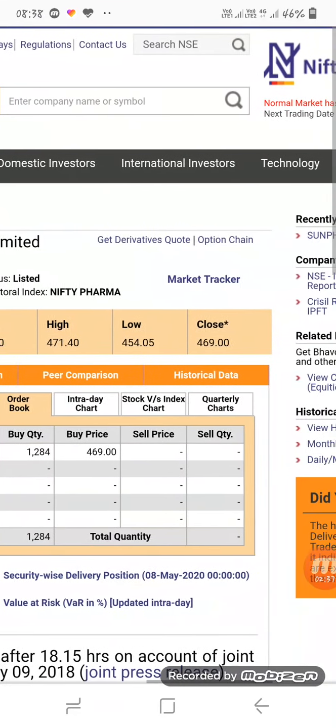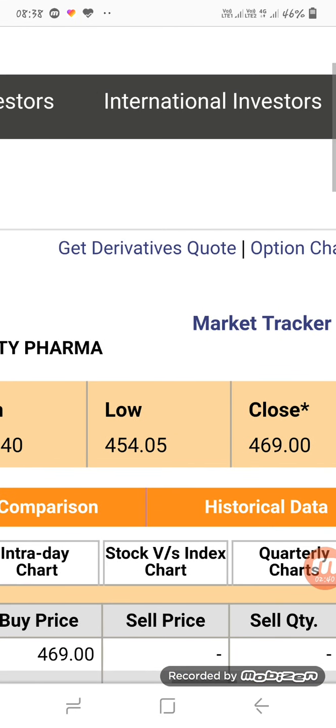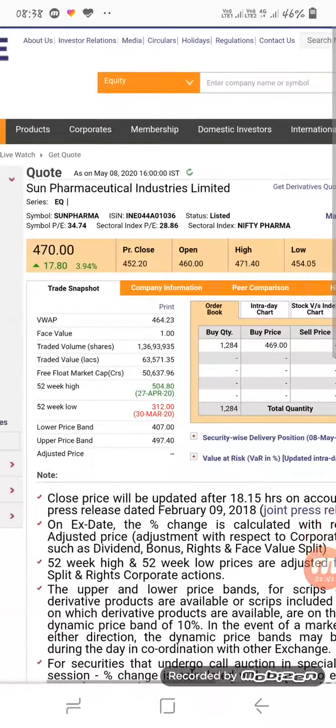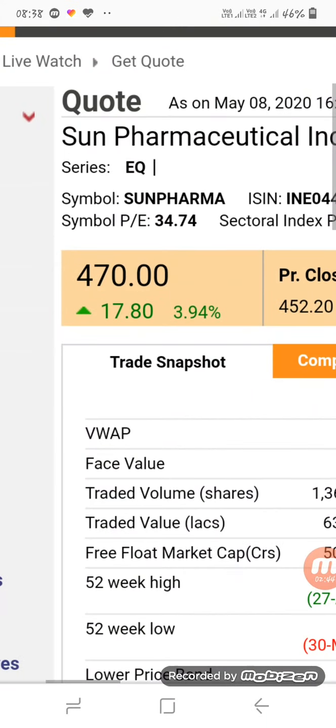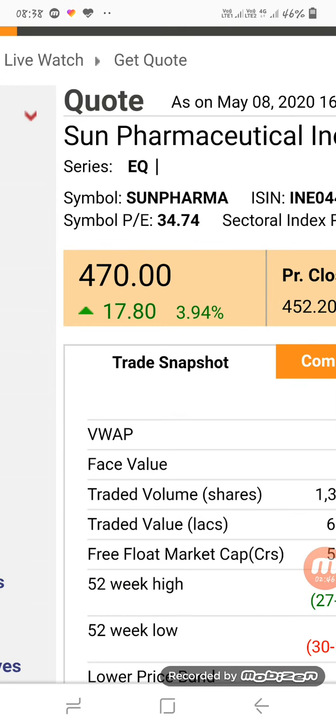The importance of the derivative market is that we do not have to pay 470. If we play in the derivative market, we do not have to pay 470. We need to pay a small amount known as a premium, and the premium varies according to the strike prices. You might be thinking, what is a premium, what is a strike price, what is it actually?